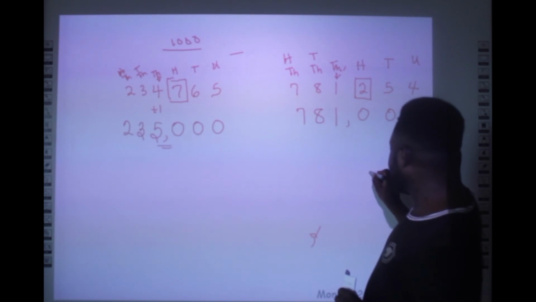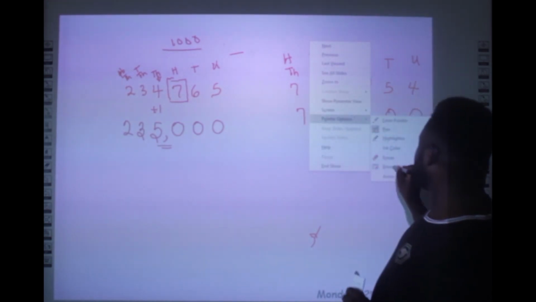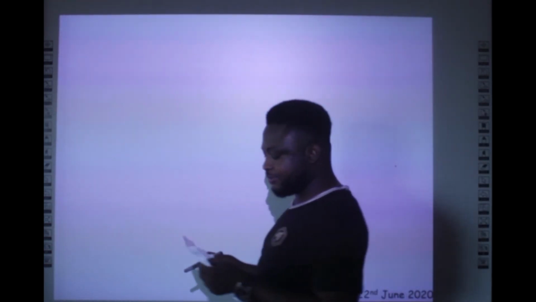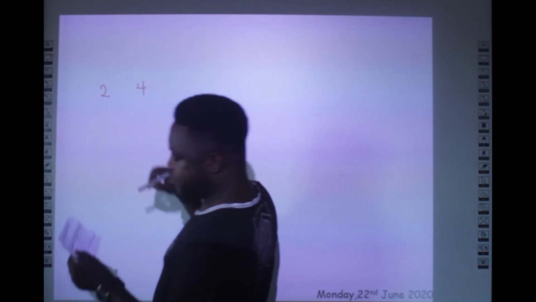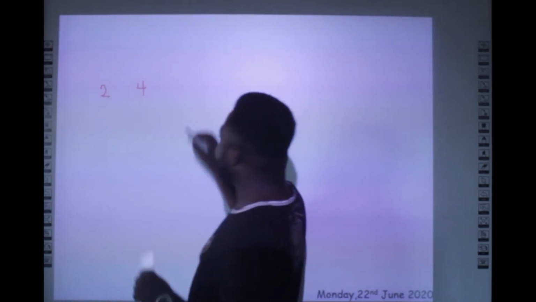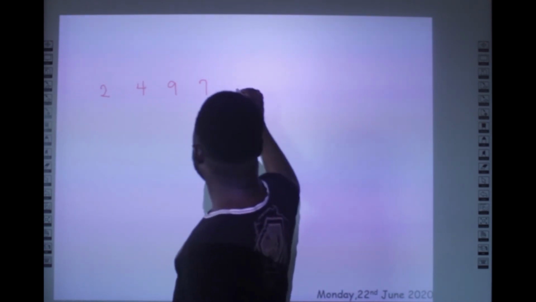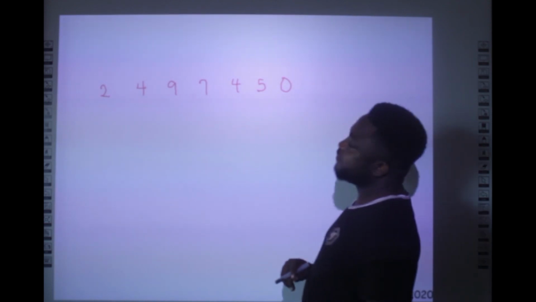Now, let's look at another example, also to the nearest thousand. Okay, we have 2,497,450.